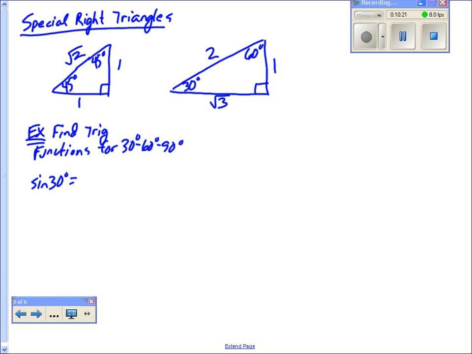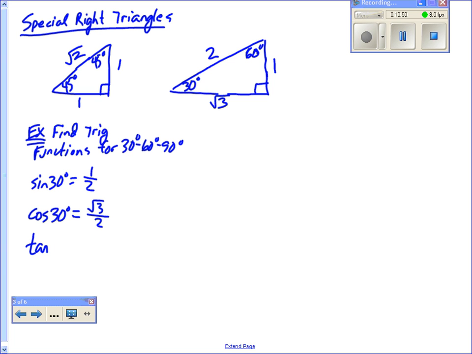Well, that'd be opposite over hypotenuse. The hypotenuse is 2, right? Cosine of 30 degrees, adjacent, which would be the root 3 side, over the hypotenuse, right?